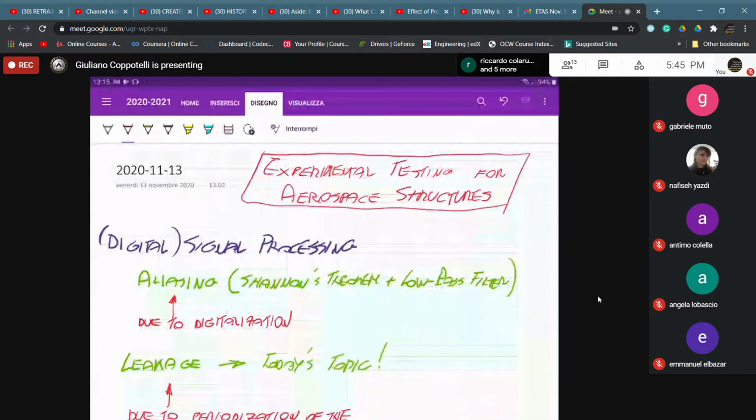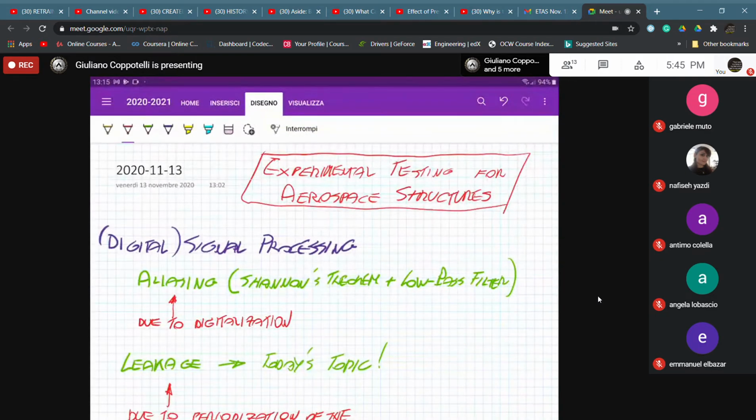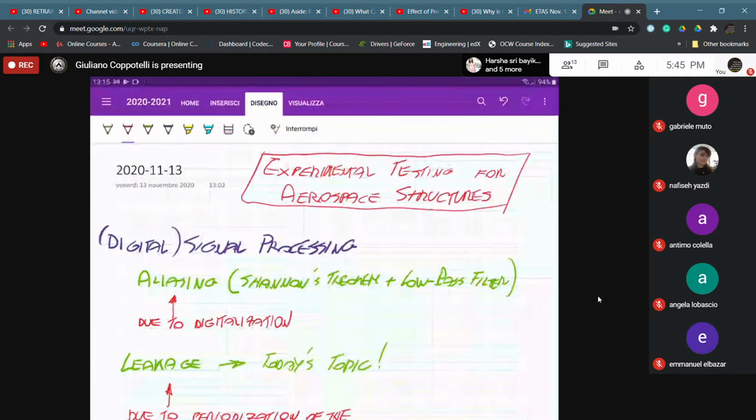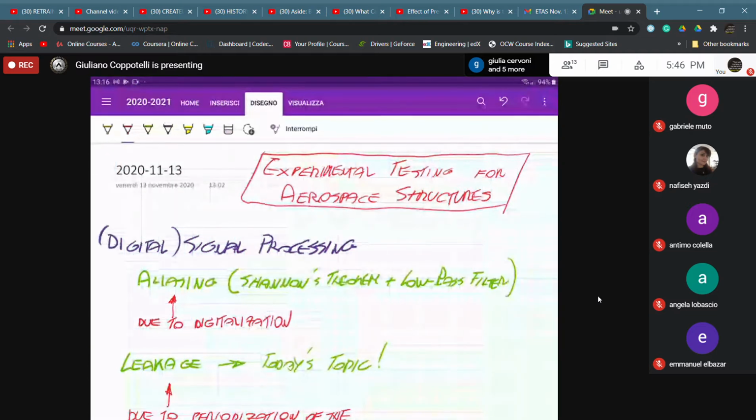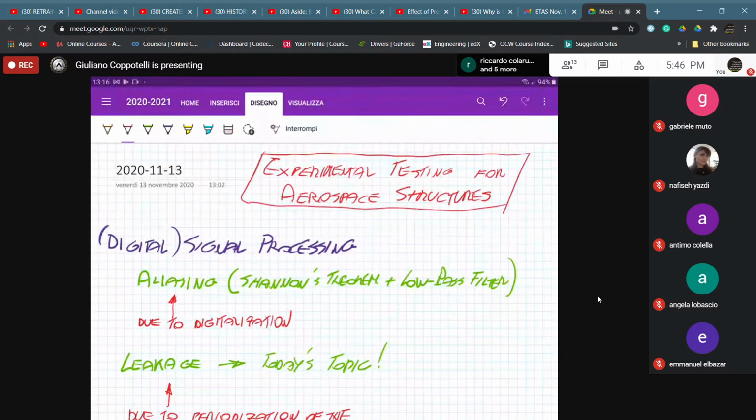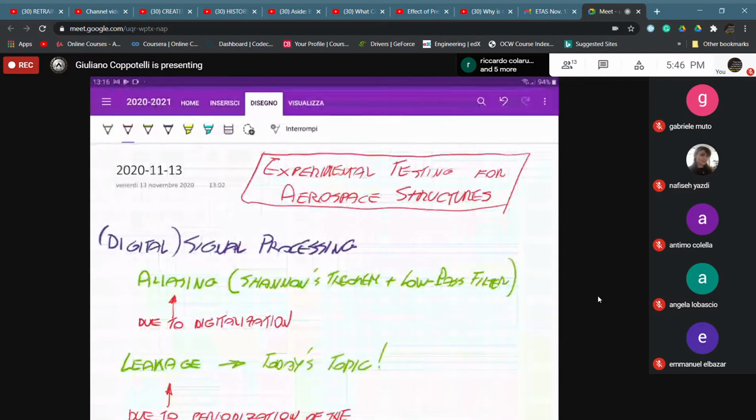So what happens is that if you are interested up to a certain frequency range, that is up to a maximum frequency, then you have to sample your whatever signal in time domain, so that this sampling frequency allows you to obtain the most accurate synthesis of your signal properties.